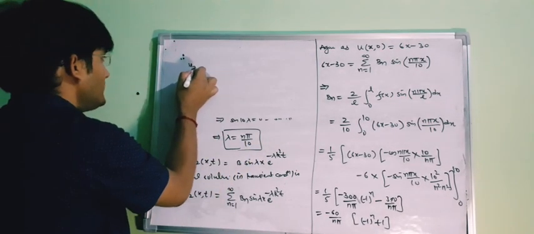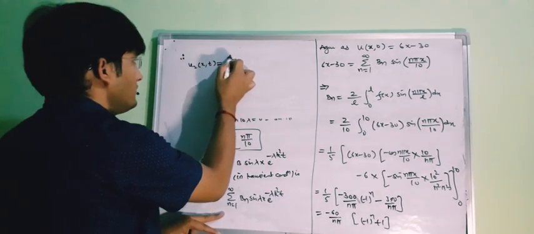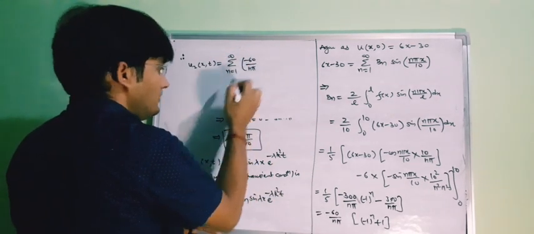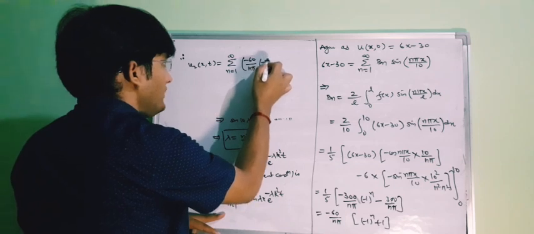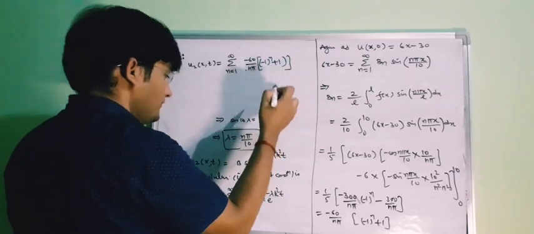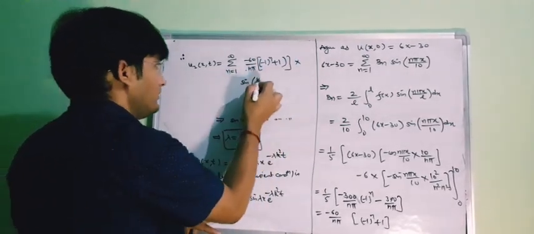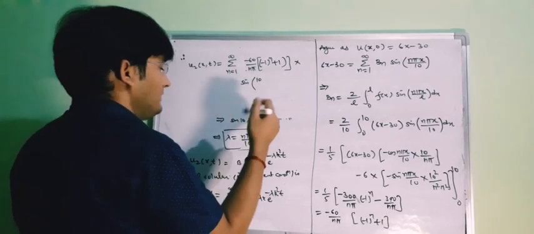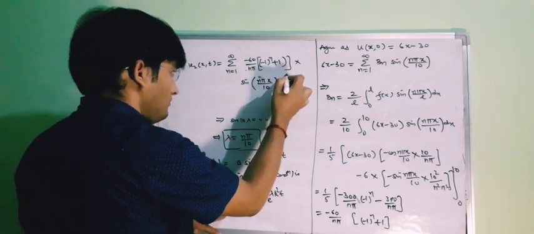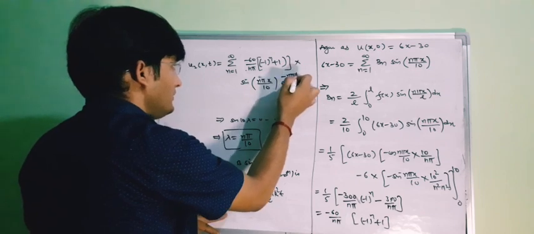Therefore our u(x,t) is equal to summation n equal to 1 to infinity, bn is minus 60 upon n pi into minus 1 to the power n plus 1, into sin(lambda x), lambda was your n pi upon 10, into e to power minus lambda square k t.